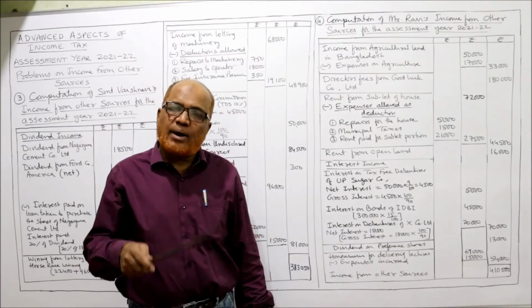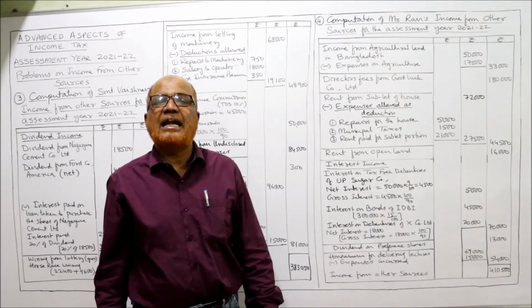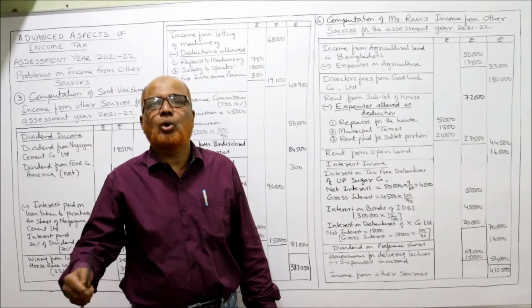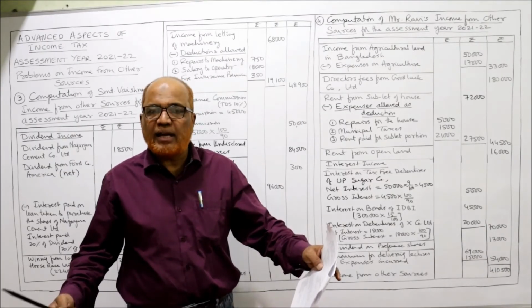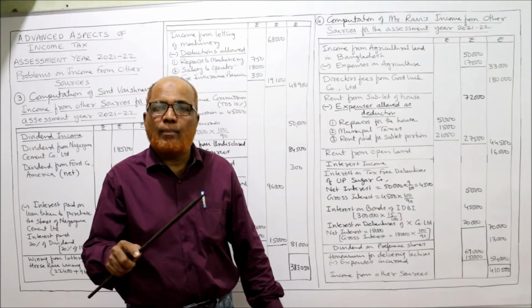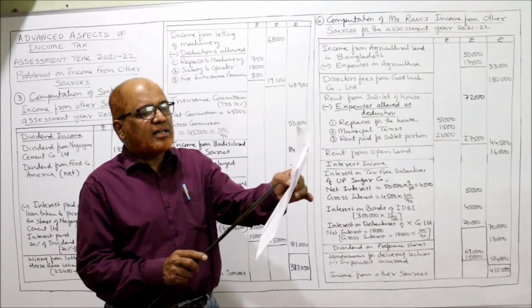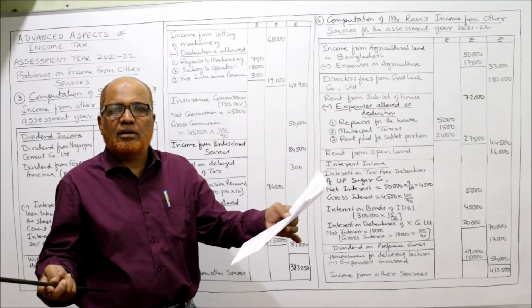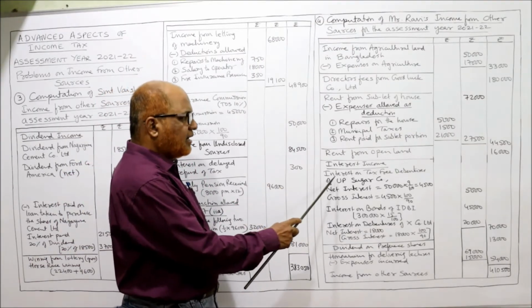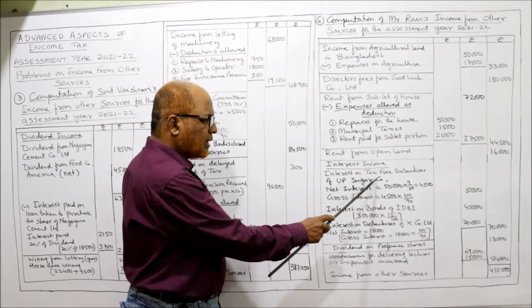For tax-free commercial security, first we have to calculate net interest, then we have to gross up. First calculate net interest. Which type of security? Tax-free commercial security. Here it is given UP Sugar Company, it's a commercial one.